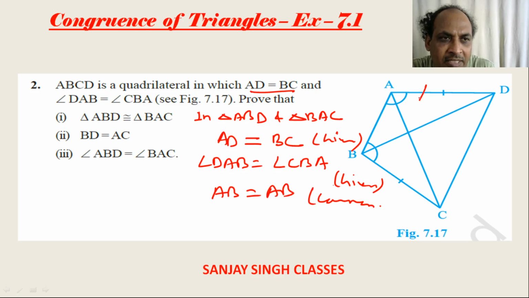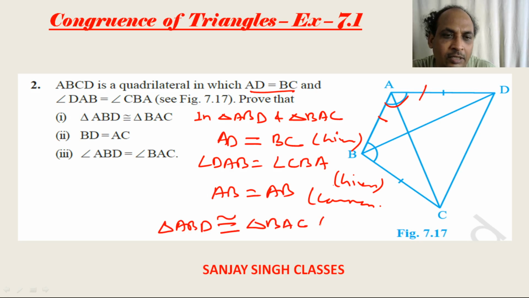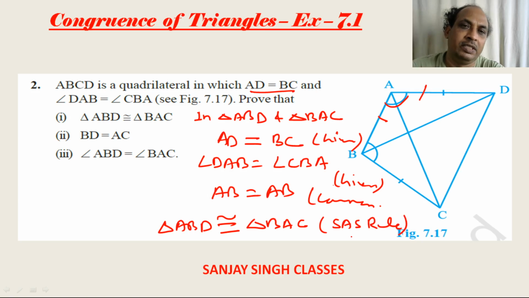So we are having side, angle, side. So triangle ABD is congruent to triangle BAC using the SAS rule of congruence. Then it means BD is equal to AC, correct?